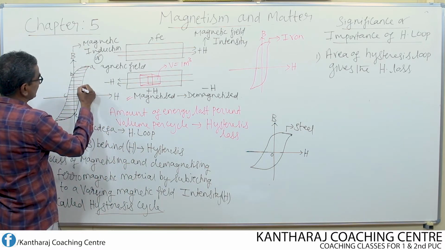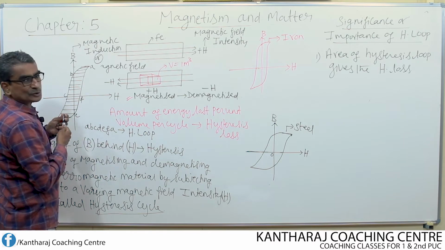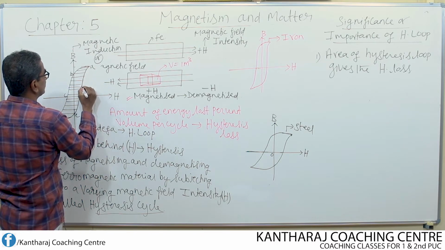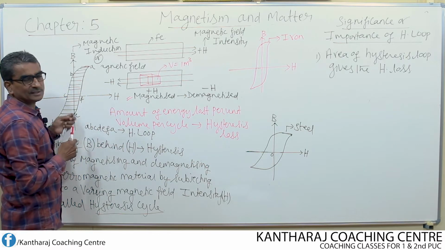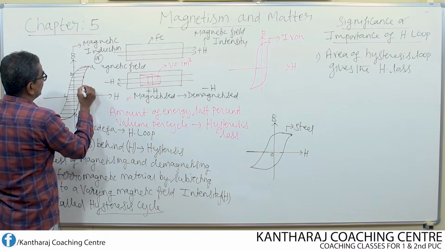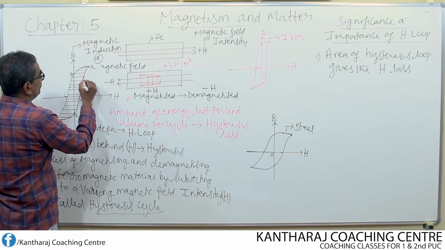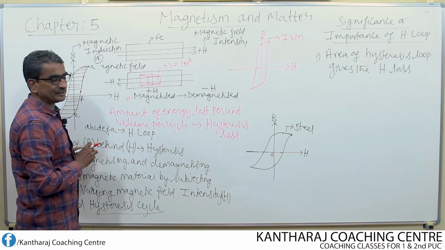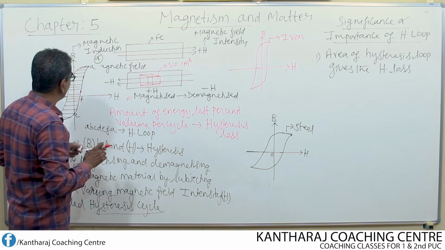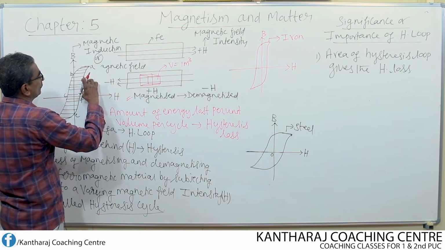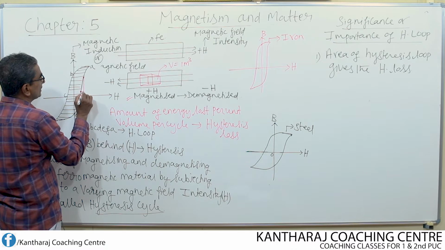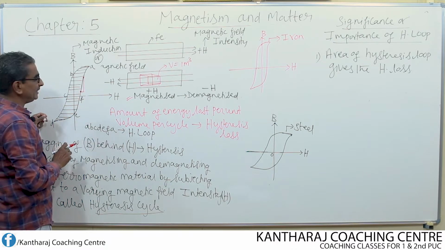Look here, on this hysteresis loop, you choose any two points such that the region of the loop between these two points is straight, or else even by drawing one tangent we can find the slope. Now I have chosen two points on this hysteresis loop. With respect to these two points, I construct one triangle like this, a triangle of any size.